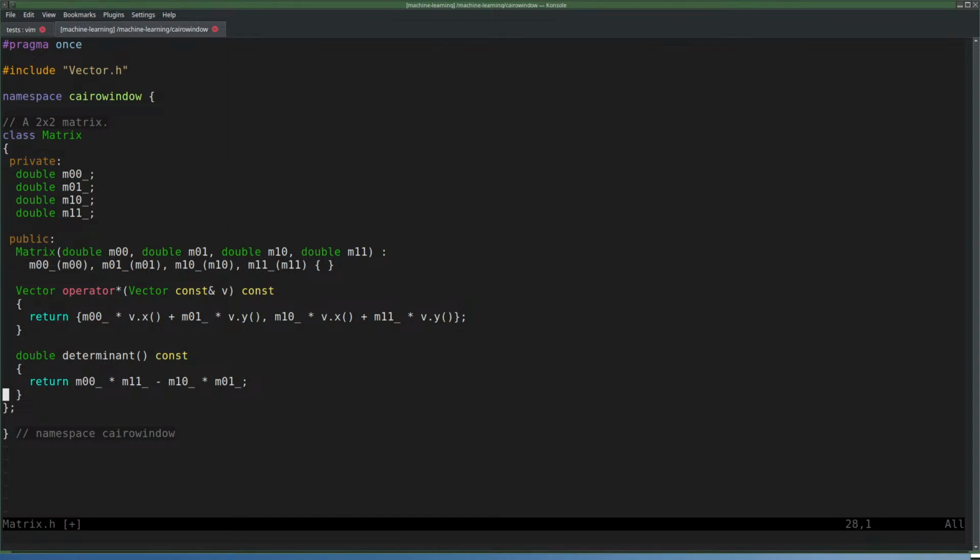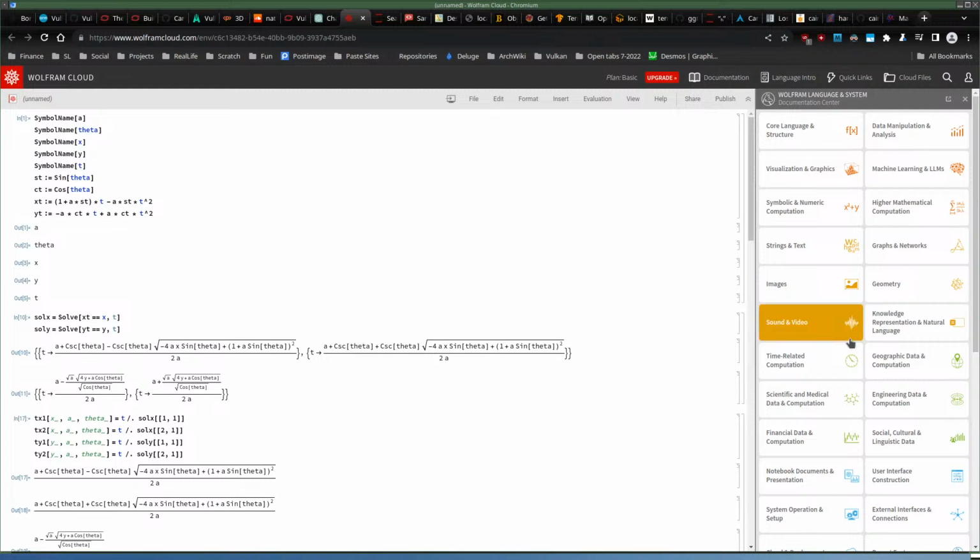And an inverse maybe. How do I make an inverse? I think it's some juggling with the elements and then divide by the determinant. I forgot how. Let's ask ChatGPT. I'm sure it knows.